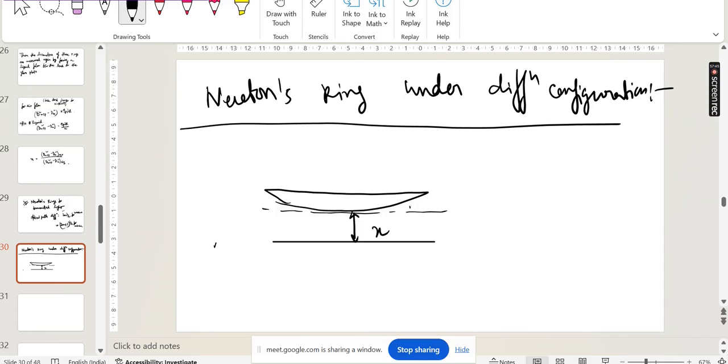So this is x. This is to be d. So d dash is basically d plus x.